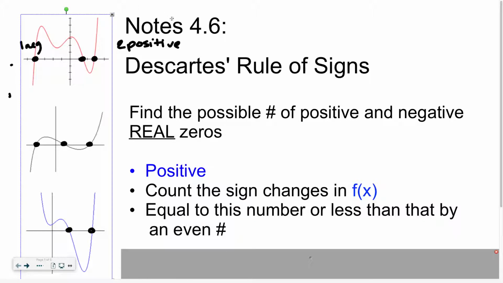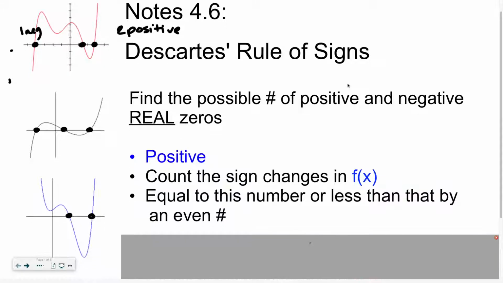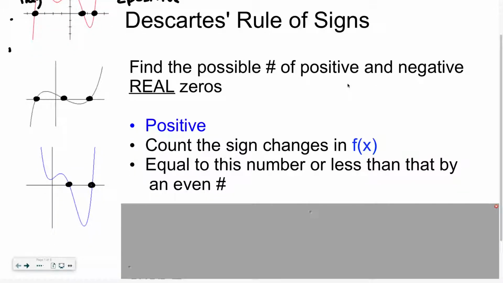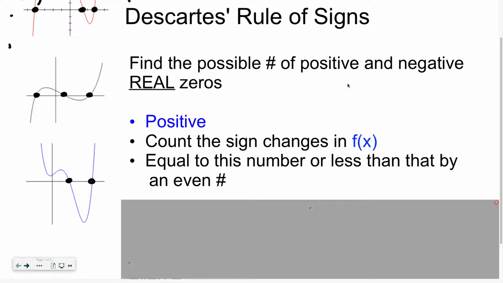We're going to start with positive real zeros. To find the number of possible positive real zeros in a polynomial, you're going to count the number of sign changes in the polynomial f of x.